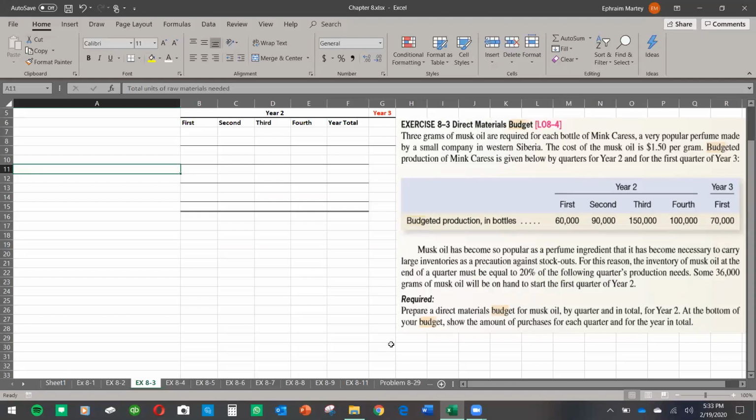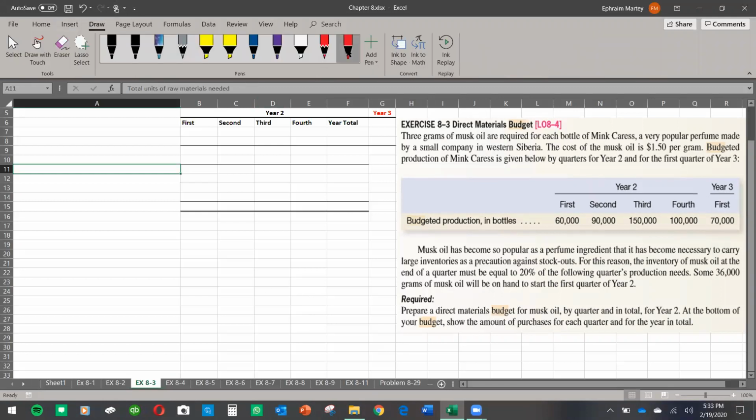Okay, direct material budget. So we have a company here that produces famous perfumes, and they use a material called musk oil to make these perfumes.